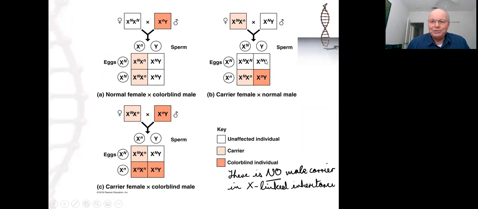As far as the males are concerned, 50% of them get the X big N from their mother, but 50% of them get the X little n. That makes them colorblind. Again, remember, if he gets the X little n chromosome, he's got the condition, in this case, colorblindness. So this is the origin of a colorblind male.